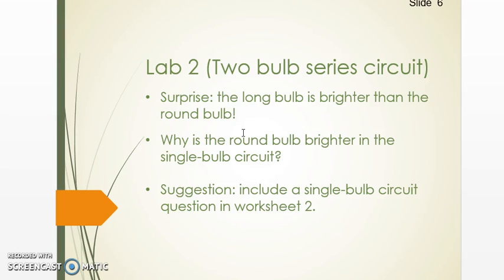So I'm quite intrigued with the idea of actually using two non-identical bulbs right from the get-go and analysing the differences between those two bulbs when you have series and parallel circuits. I think that's a good idea, and I will definitely be doing that in future.